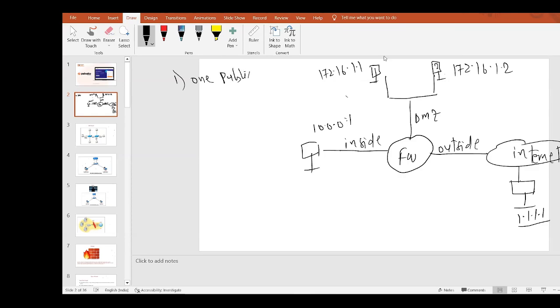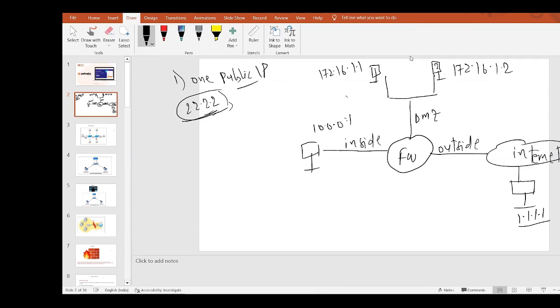I have only one public IP, which is 2.2.2.2. With this public IP, I want any traffic from the outside, any traffic from the internet, to come and access both of the servers. Any traffic would come only to this IP and try to access these PCs. It means with one public IP, both PCs should be able to work.